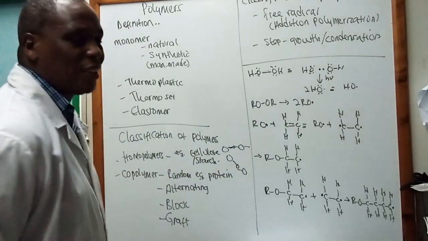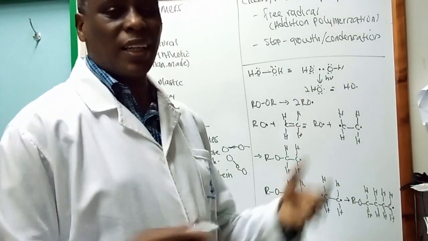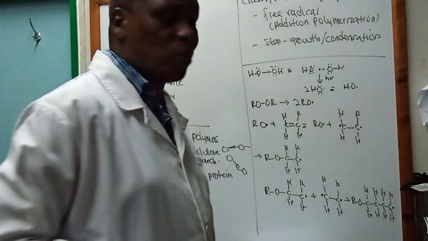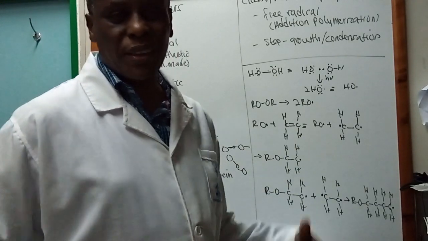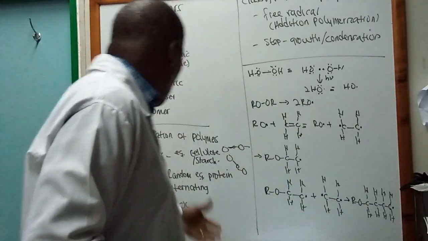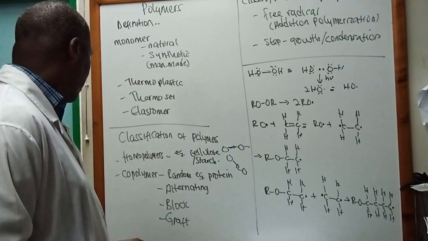And the enzymes in the body can distinguish between cellulose and starch. But the repeating unit is just glucose. This is called a homopolymer.